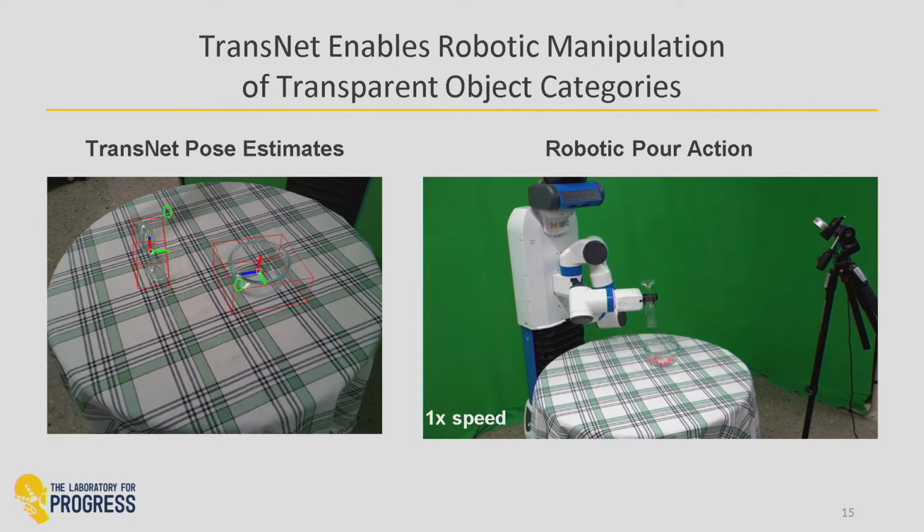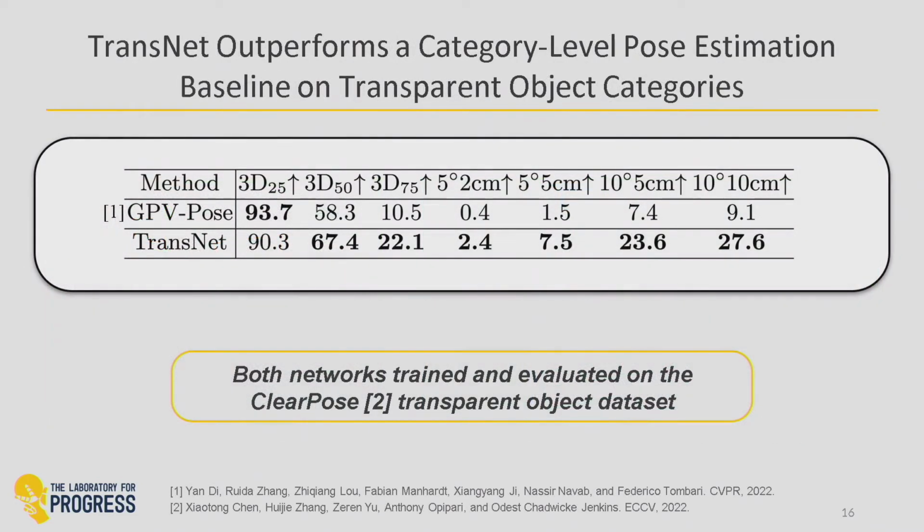So based on this encouraging result, we then tried to establish where we fit within the community of work that has been done in this area. We compared ourselves numerically to GPV pose, which is one state-of-the-art instance-level pose estimation approach. This GPV pose network did not specifically target transparent objects, but does work at the category level.